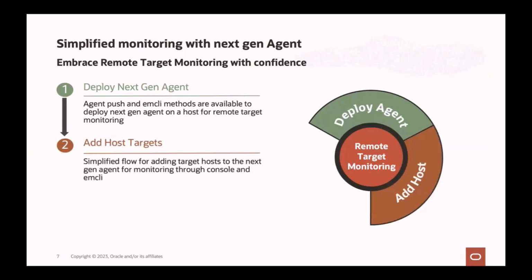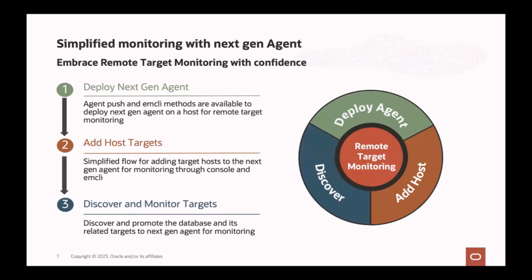The second step involves adding the remote host target to the next-gen agent. We have a guided mechanism that simplifies this process, making it easy to add remote host to the next-gen agent. Additionally, the EMCLI method provides another option for adding remote host targets.